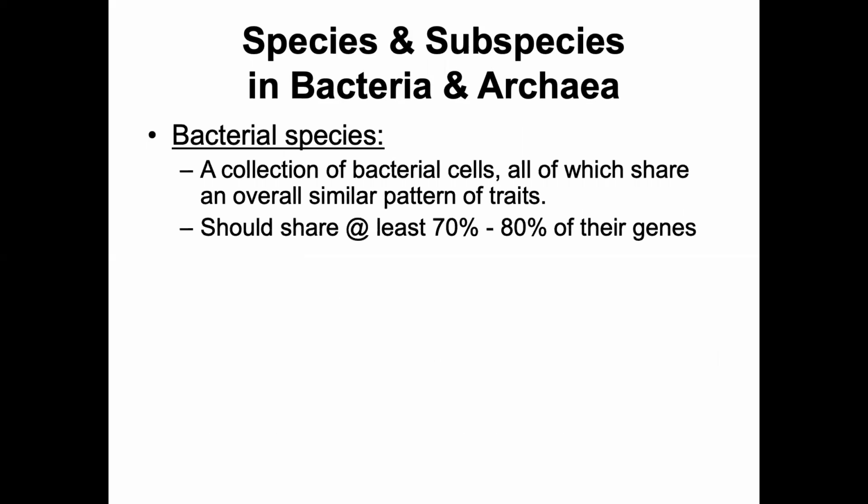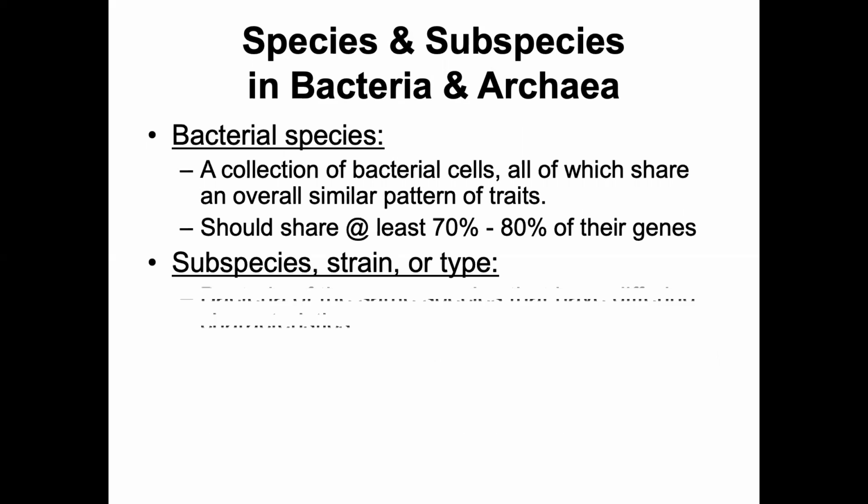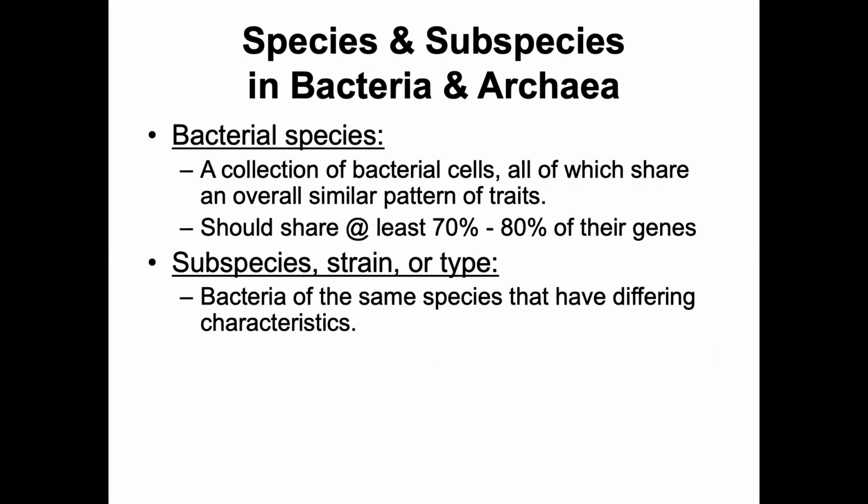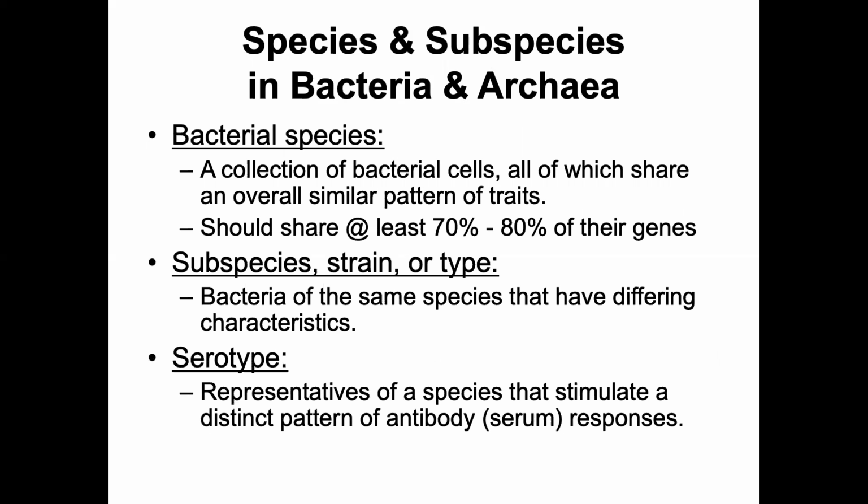Bacterial species are a collection of cells, all of which share a similar pattern of traits and between 70 to 80% of their genes. A subspecies is a bacteria of the same species that has different characteristics, and a serotype is a representative of the species that has different interactions with certain antibodies.